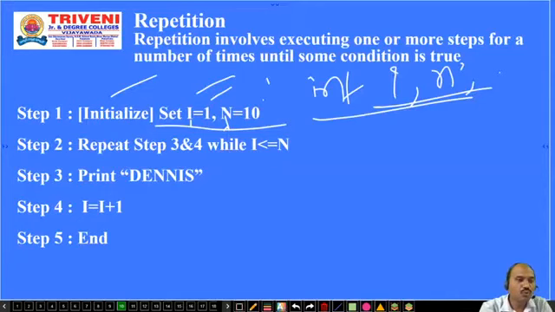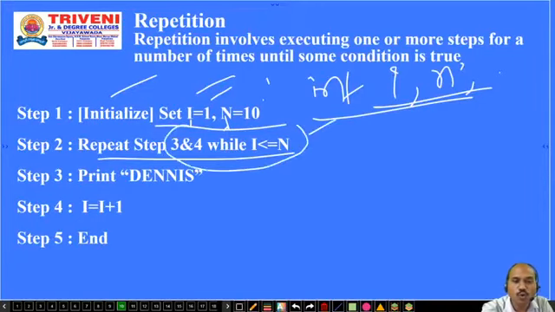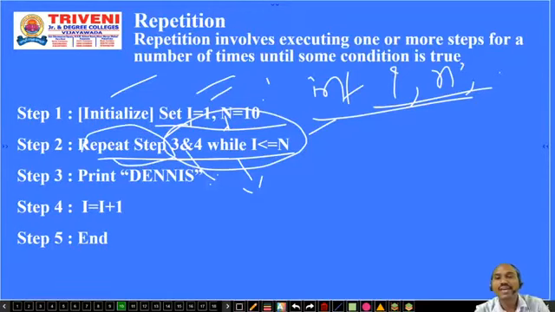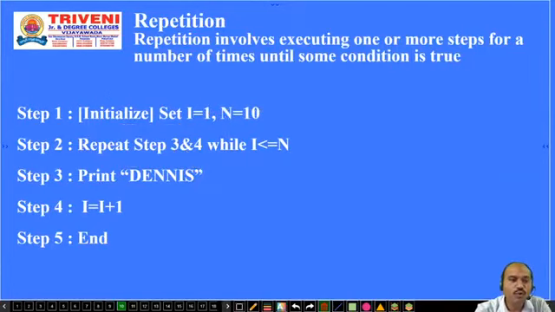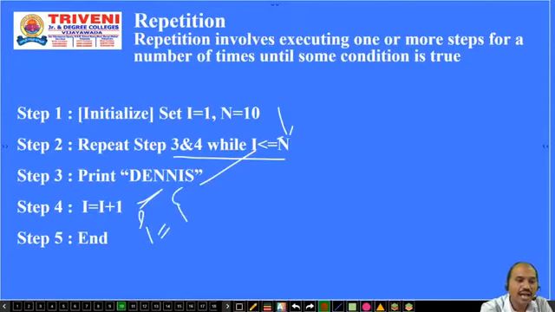The next step is the repeat step. Repeat steps 3 and 4 while the condition is satisfied. So we go directly to this loop, which is the second step. The third and fourth steps will be executed while the condition is satisfied. The third is the printf, and the fourth is the loop increment, I equals I plus 1.